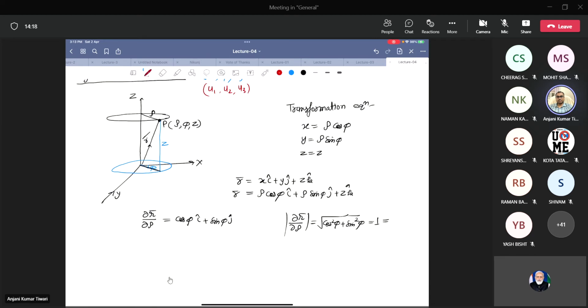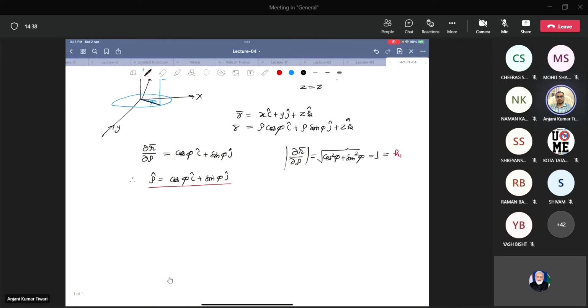We called this h1 earlier. Therefore our rho cap will be cos phi i plus sin phi j, and let us underline this.